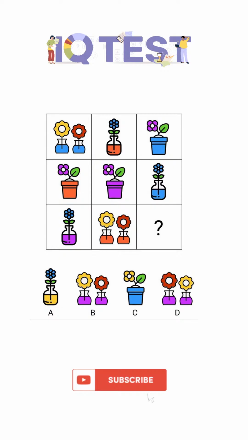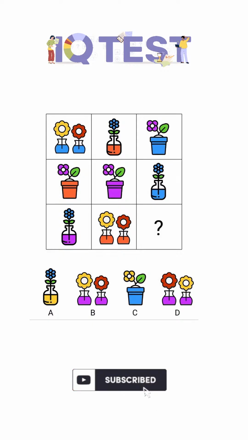Are you getting the pattern? Look at the color of the flowers in the chart. Option C is automatically out. So the answer is between option A and B. Now between A and B, let's look at the color of the vase.